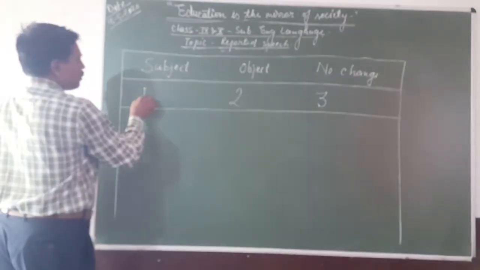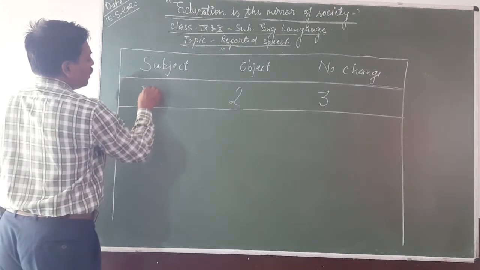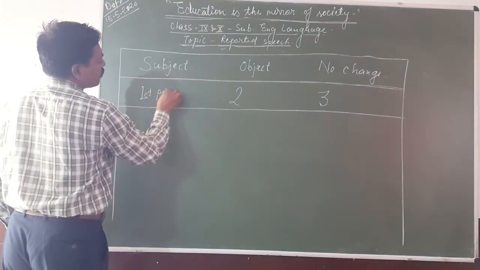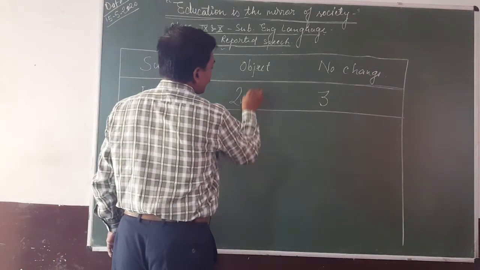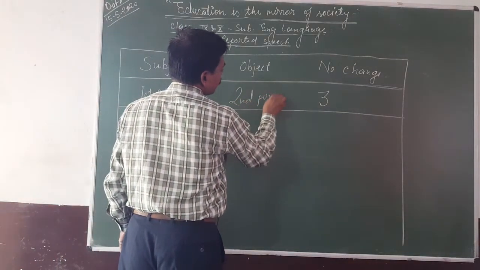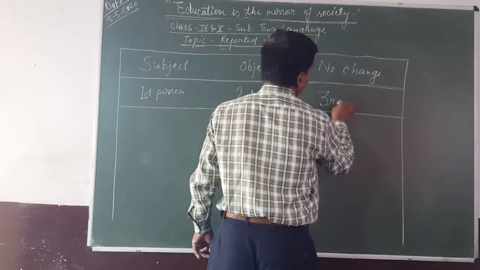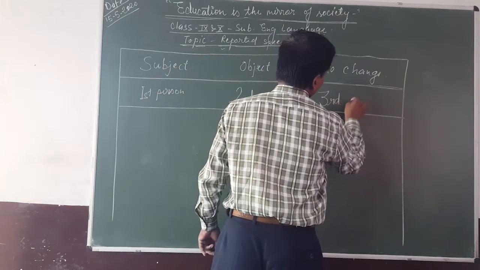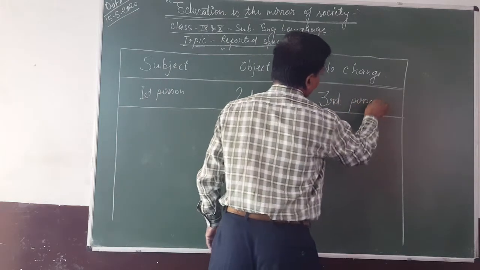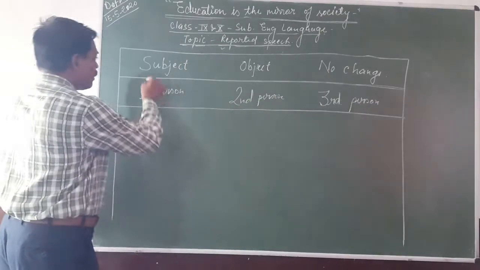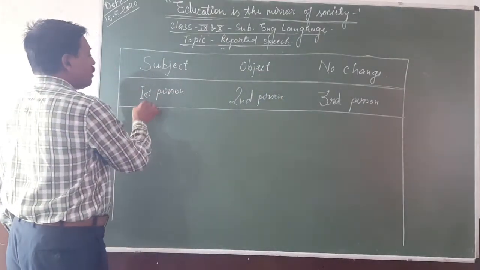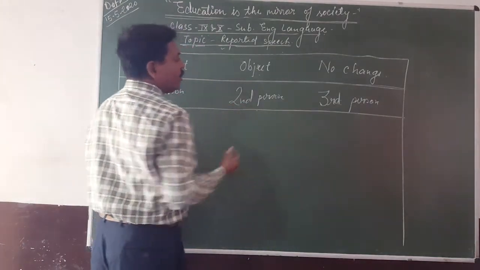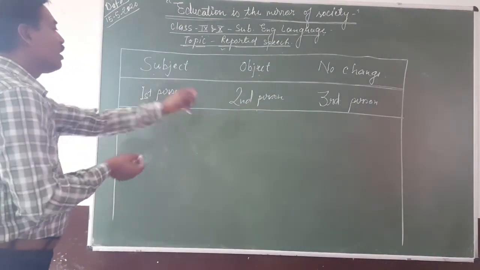Upon 1 means first person, 2 means second person, and 3 means third person. Okay, students? Subject, object, no change, and first person, second person, and third person.